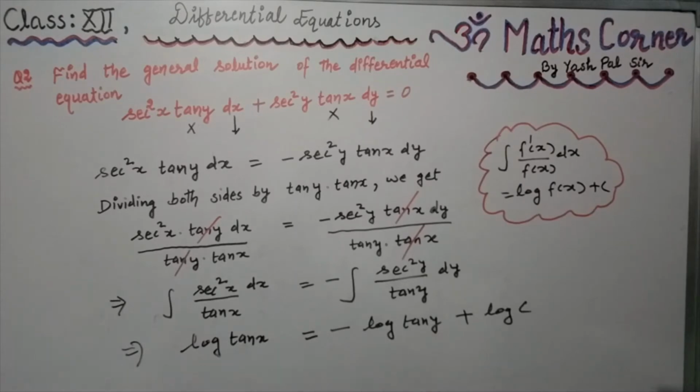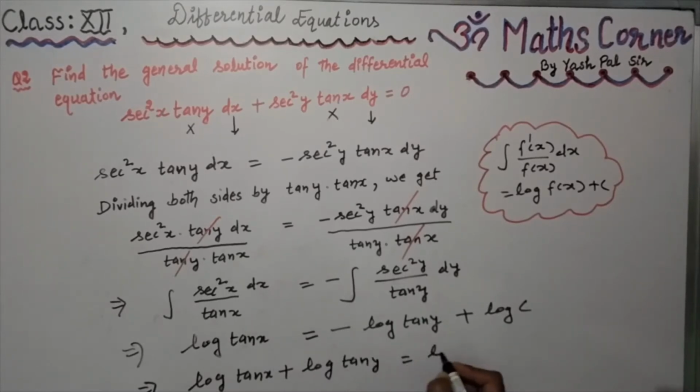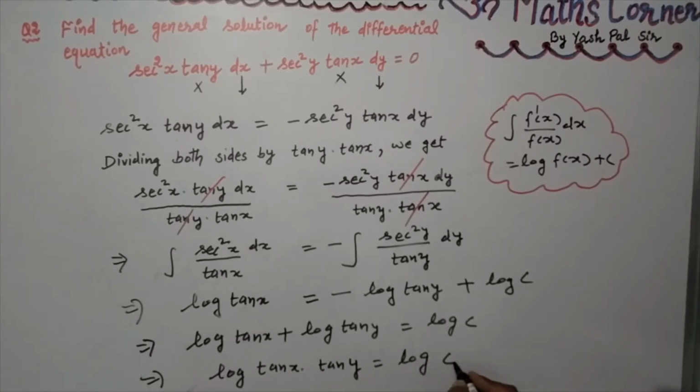Now this minus log tangent y goes to the left-hand side, so log of tangent x plus log of tangent y is equal to log of c. Now we follow the rule log m plus log n is log m into n. So log of tangent x into tangent y is equal to log of c.